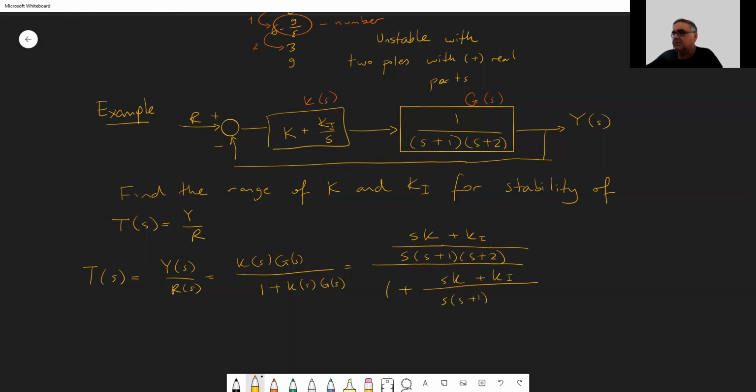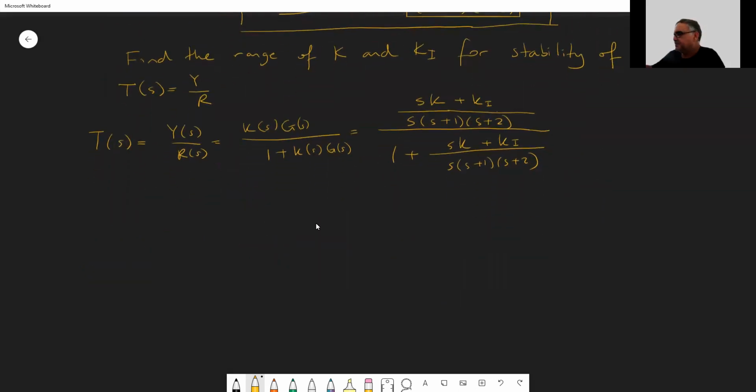If you equate numerators, denominators, and so on, eventually you are going to get the following: S cubed plus 3S squared plus (2 plus K) times S plus Ki. So this is our denominator polynomial.